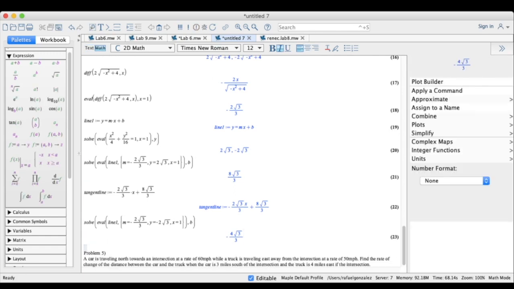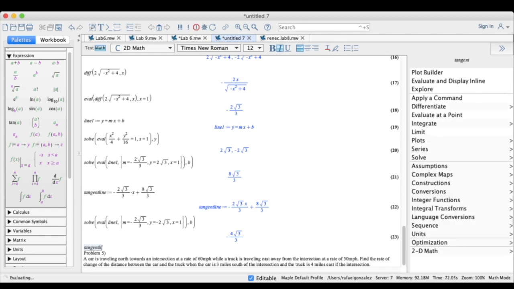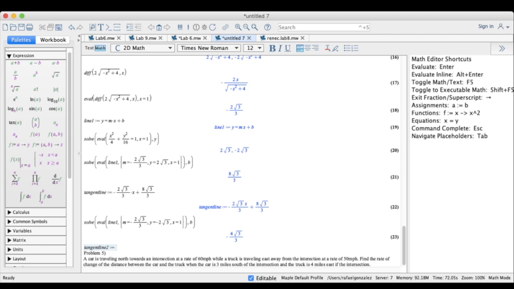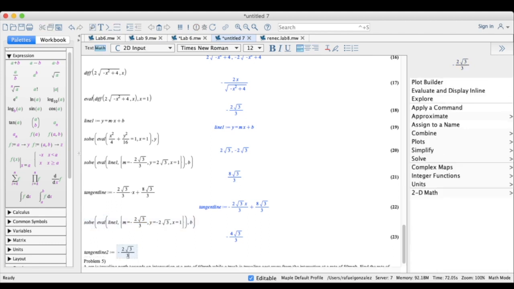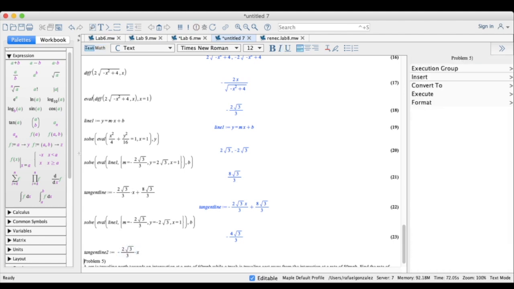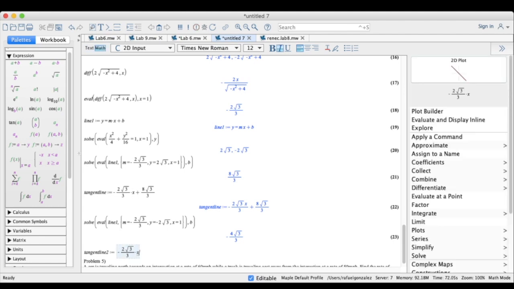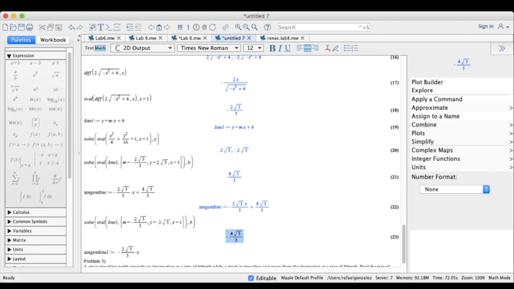So now I have that the second tangent line, let's call that tangent line 2, is equal to the slope, which is this, times x. And in this case, instead of plus, we have a minus.